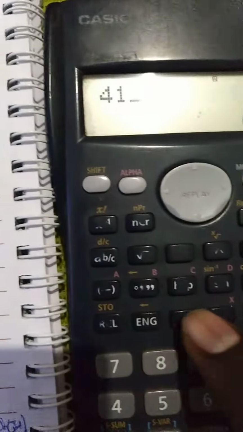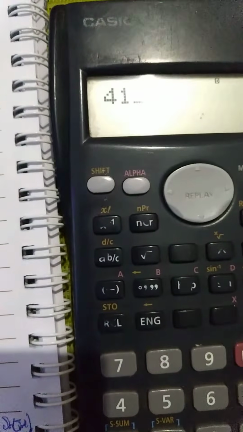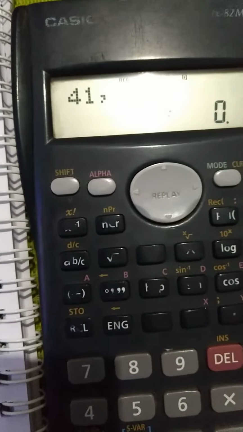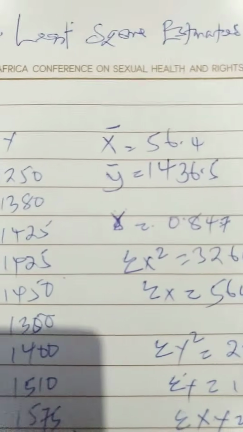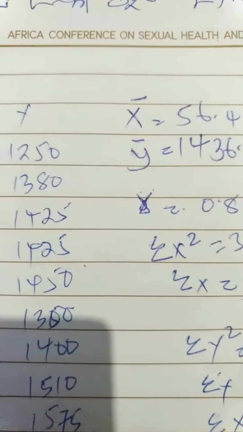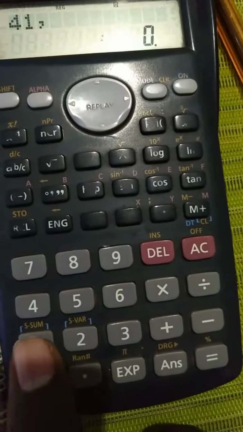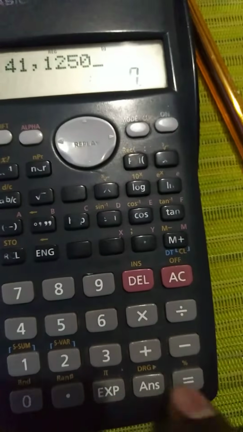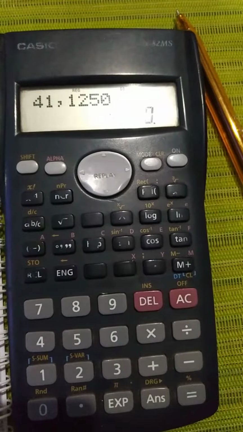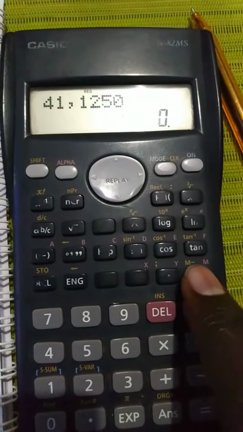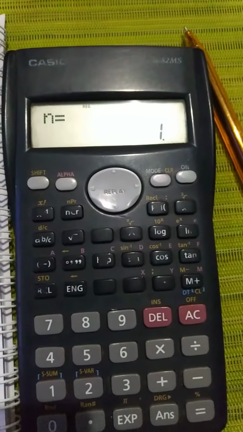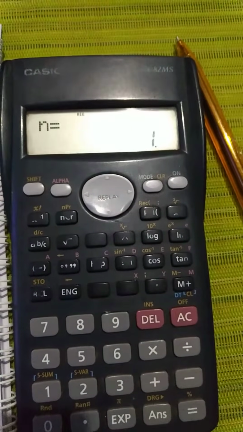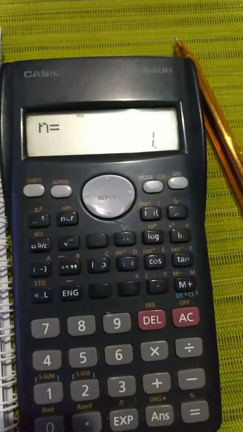After the comma, you go to your Y, which in this case is 1250. You come to your calculator and enter 1250. After that, you press M plus. M plus is here. When you press it, it will give you N is equal to 1, meaning that is the sample size.